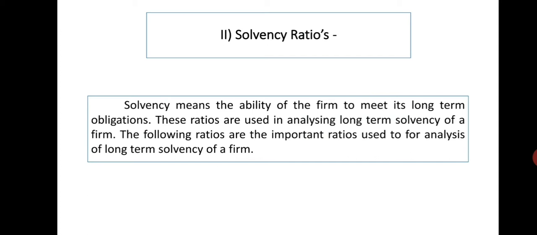Solvency means the ability of the firm to meet its long-term obligations. So solvency indicates the ability of a firm to satisfy its long-term obligations, and these solvency ratios are used to know the long-term financial position of the firm.